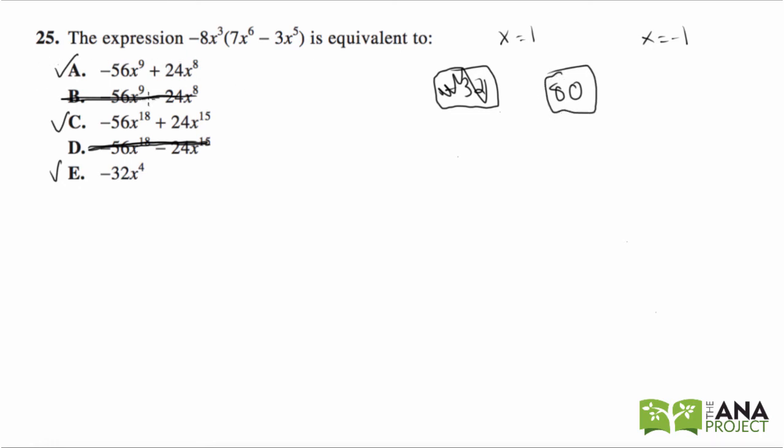So we don't need to check B or D because those are already crossed off. So between A, C, and E, which one's going to yield positive 80? Well, x to the 4th, negative 1 to the 4th is positive 1. Positive 1 times negative 32 is not positive 80, so we can get rid of that.